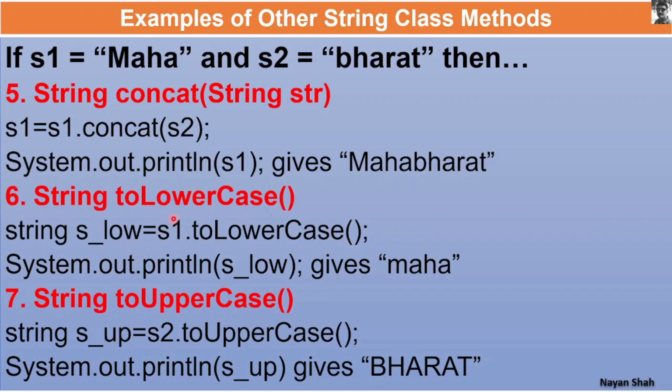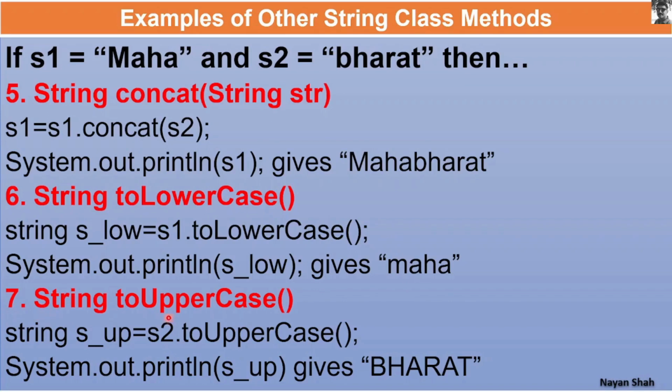So s1 will be converted into small letters and finally stored in the variable s_low. When you print it with System.out.println(s_low), it will give Maha with a small m. All the characters are small, but the other characters were already small letters, so only the capital M is converted to small m.